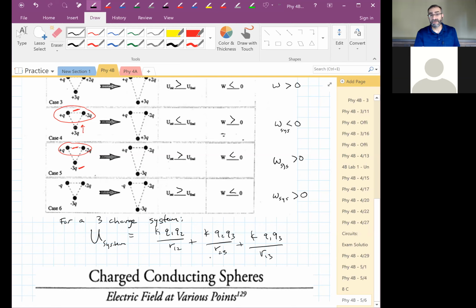It could be 0. When you have a positive charge there and you move another positive charge in, you're increasing the energy of the system, so U's positive. But if you then bring a negative charge in, that decreases the energy of the system. So you may end up with 0. So you have to be careful with those signs. Make sure you use the correct sign for the charge.